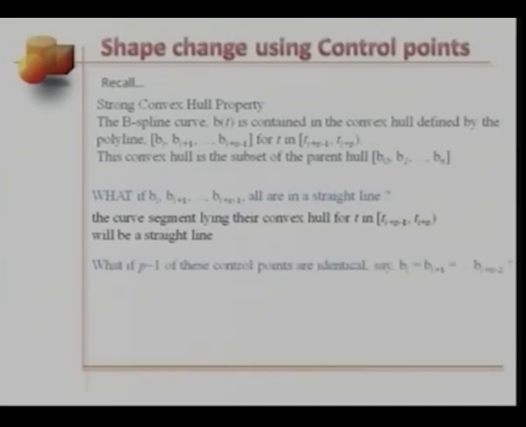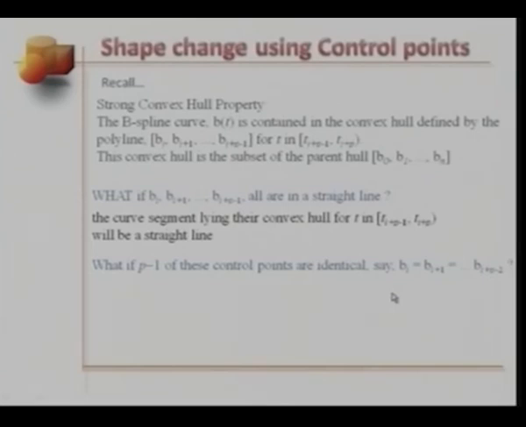The second question, what if p minus 1 of these control points are identical? Let's say b_i is equal to b_{i+1} is equal to b_{i+2} and so on, and so is b_{i+p-2}.